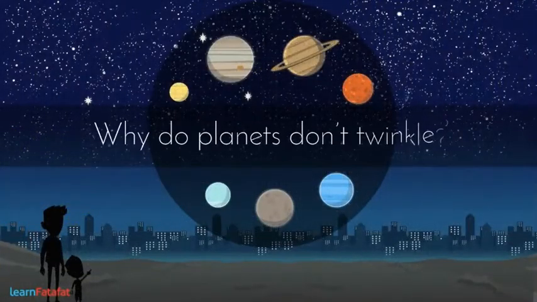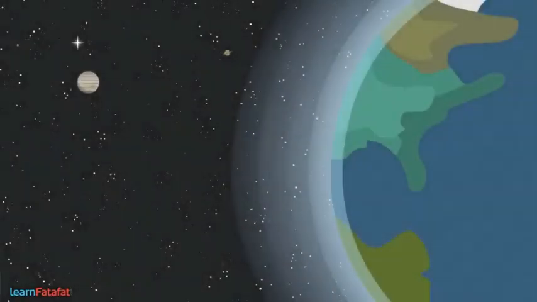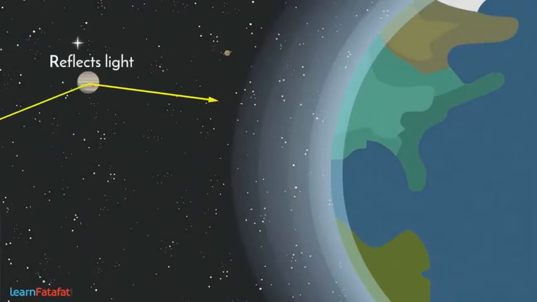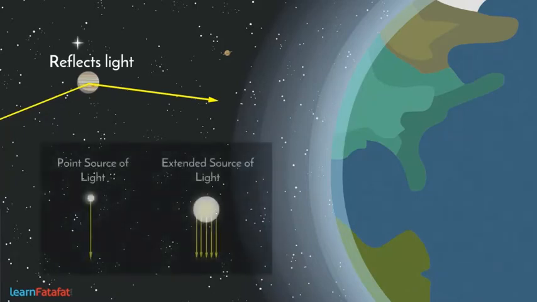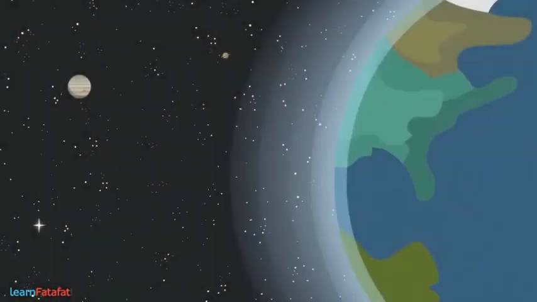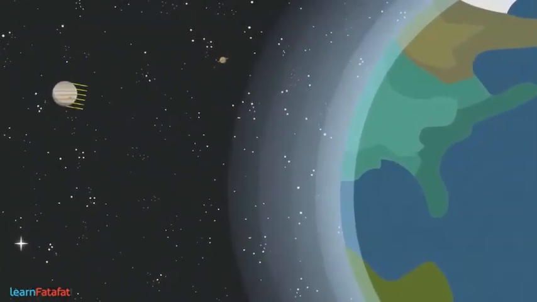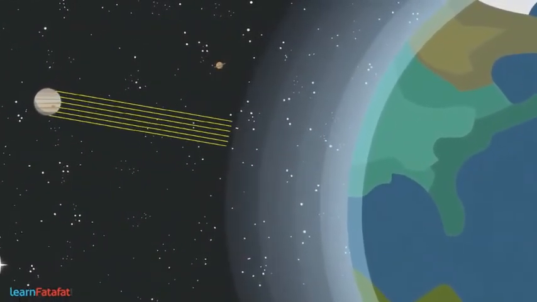Why do planets not twinkle? The reason is simple. Planets are much closer to Earth. They reflect light falling on them towards us. Since planets are much closer to Earth, they cannot be considered as point sources. A large number of rays coming from such objects undergo refraction in a random manner.